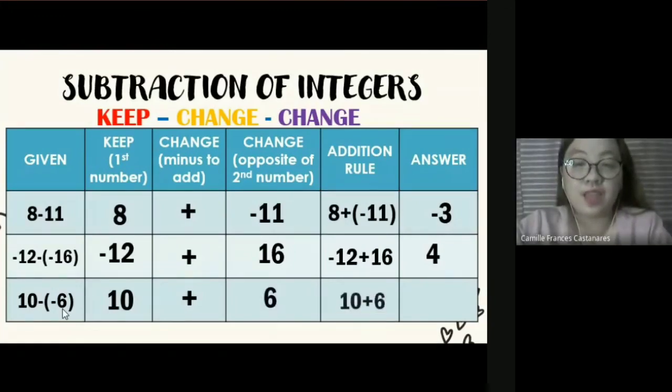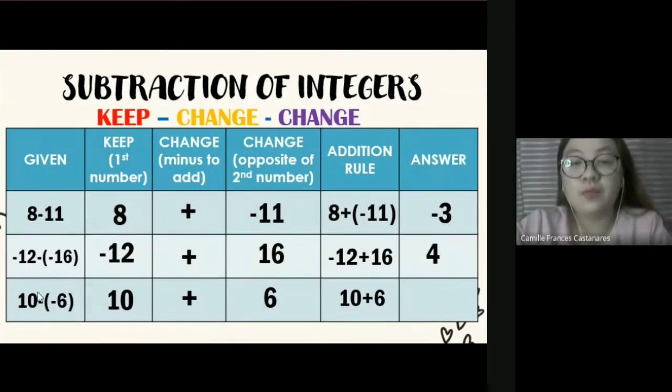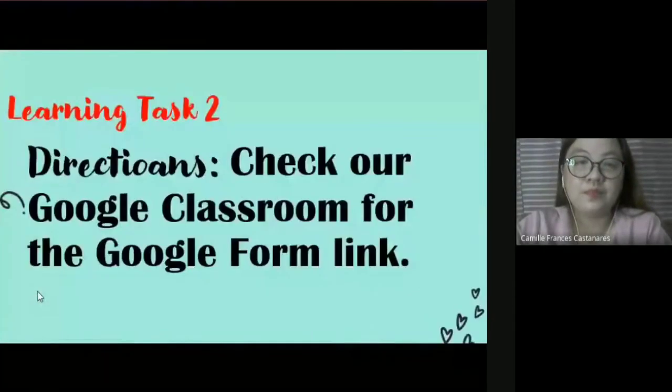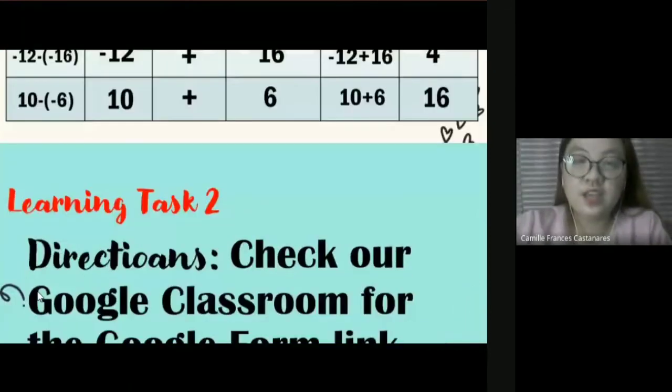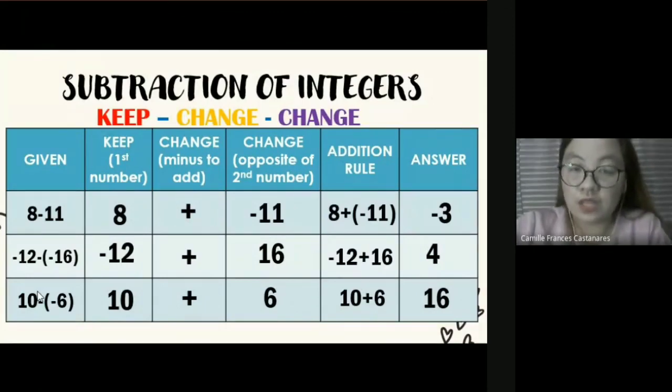So, we have 10 plus 6. So, same sign tayo. Pareho silang positive. So, we will have positive 16. Okay, very good. Naintindihan. So, ready na kayo sa ating learning task number 2 and learning task number 3.